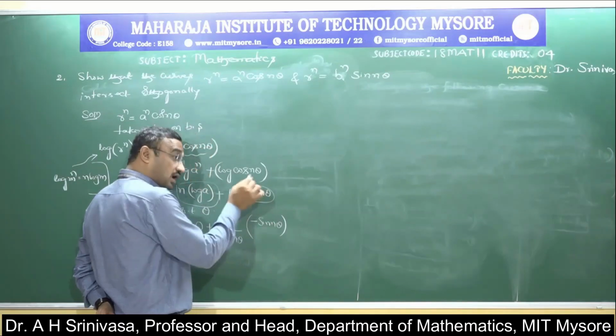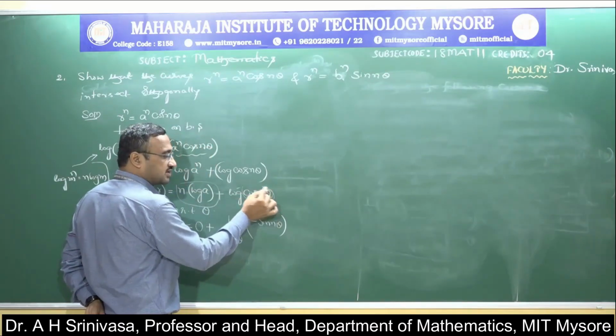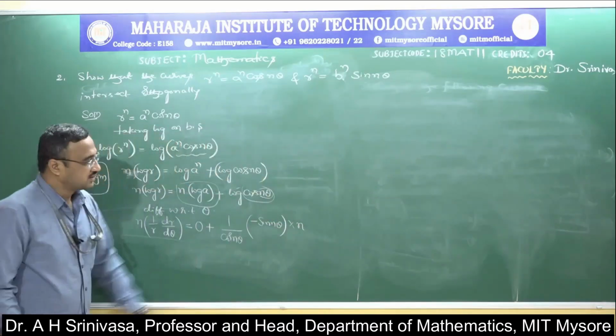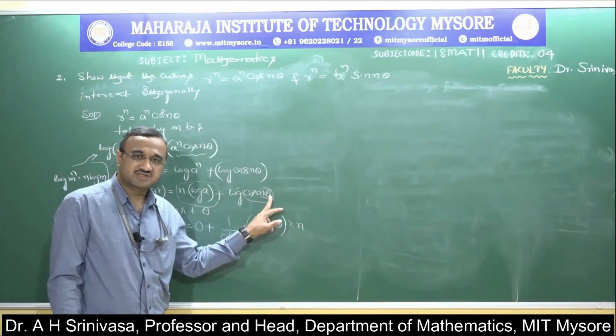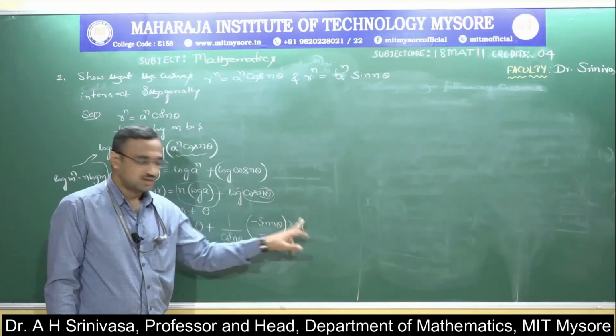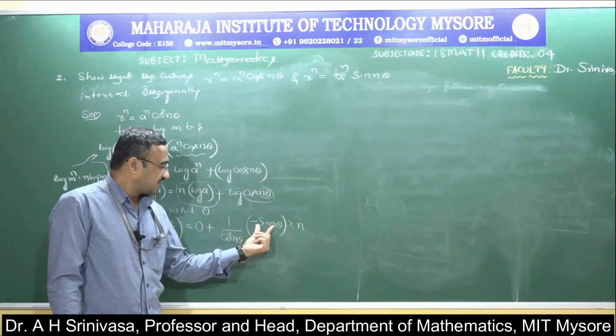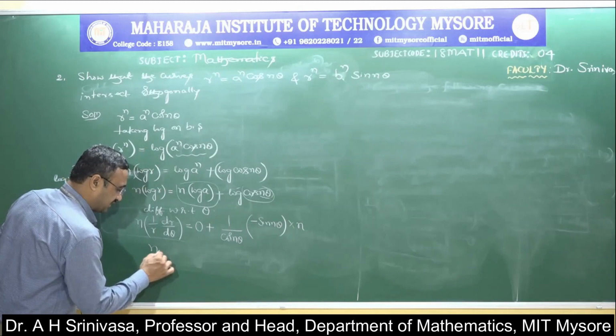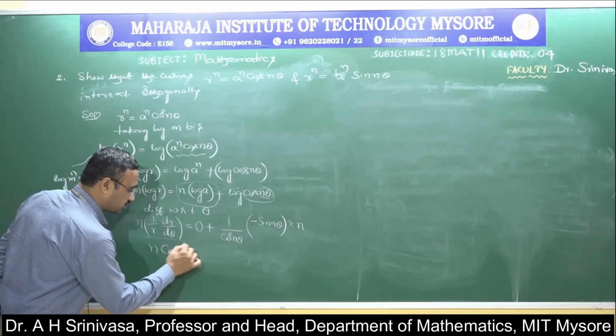Also, the differentiation of the angle becomes n into 1, since n is constant and the differentiation of theta with respect to theta is 1. Finally we get minus sin n theta by cos n theta. On the left we can write n into cot phi 1.